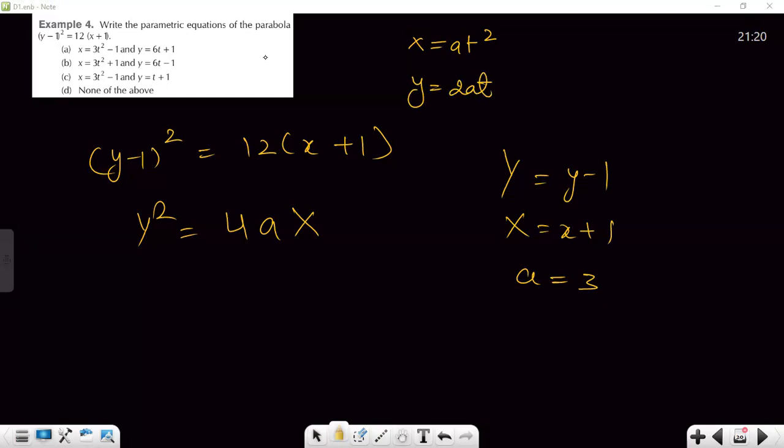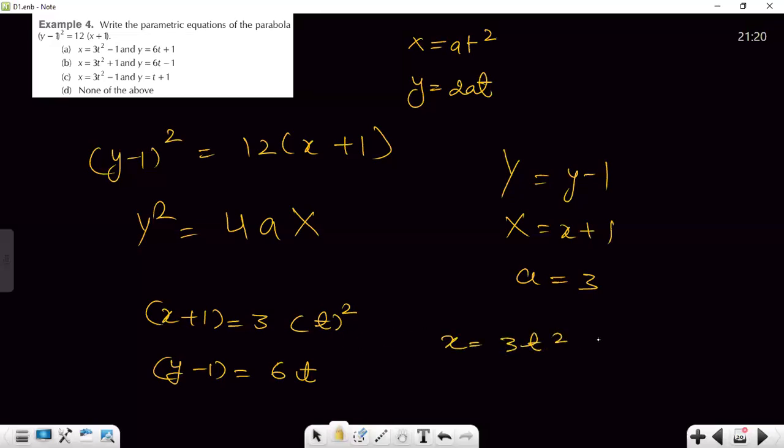X is x plus 1 this time. A is 3, t square. And what is Y? y minus 1 is equals to 2 into a, 2 into 3, 6t. So these are x and y. Let's solve for x. x becomes 3t square minus 1. y becomes 6t plus 1. So option number A should be our correct option.